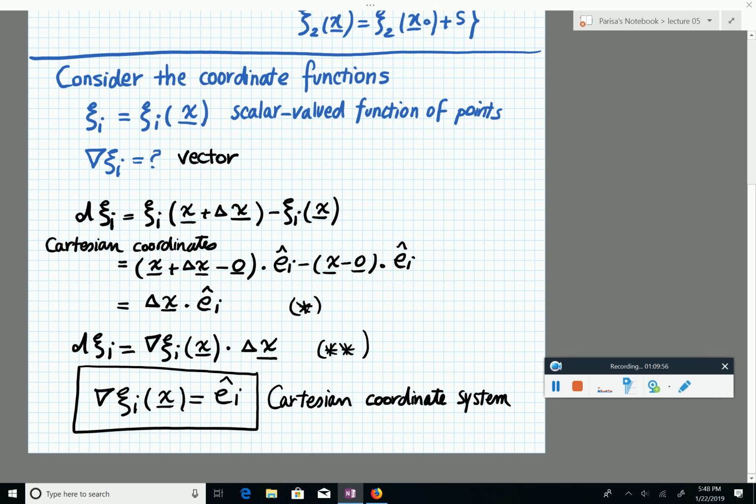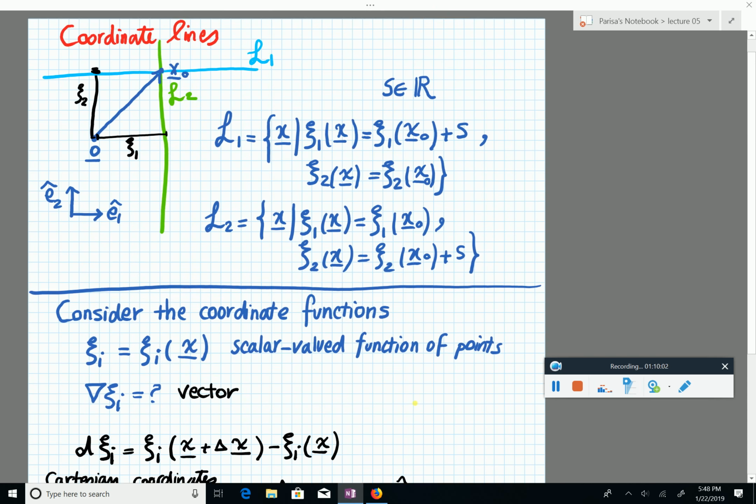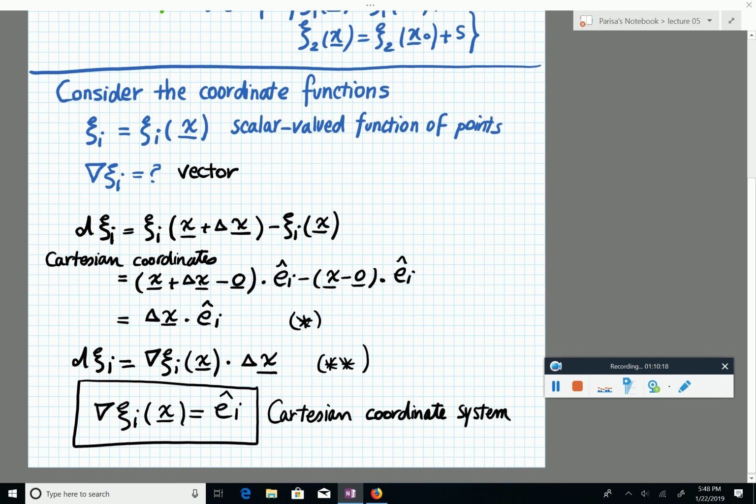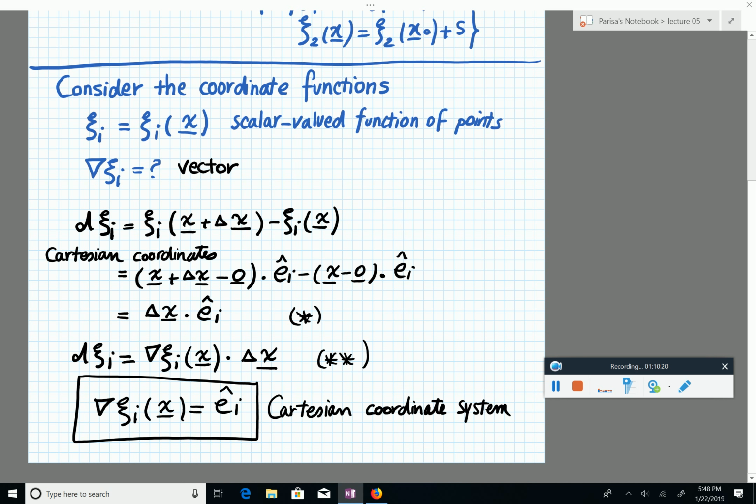The gradient of the coordinate is equal to the unit vector. So if I want to draw the gradients here, they are exactly equal to the unit vectors. We just saw them, right? The first one is equal to E hat 1, the second one is equal to E hat 2.